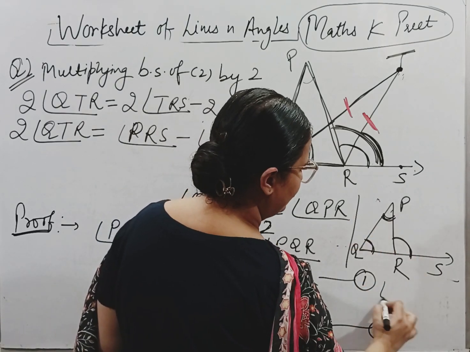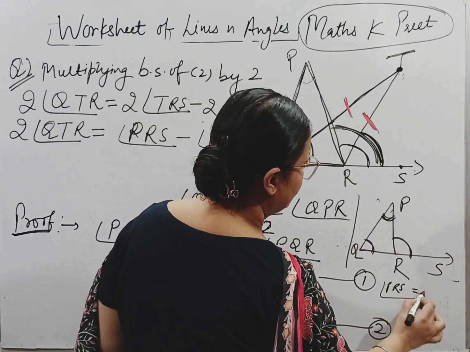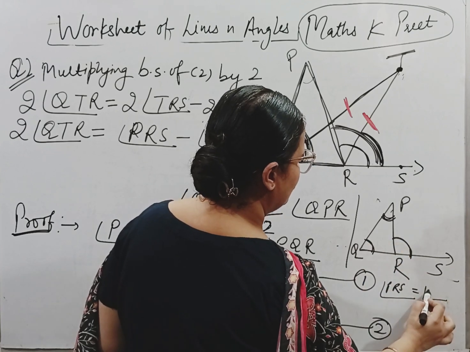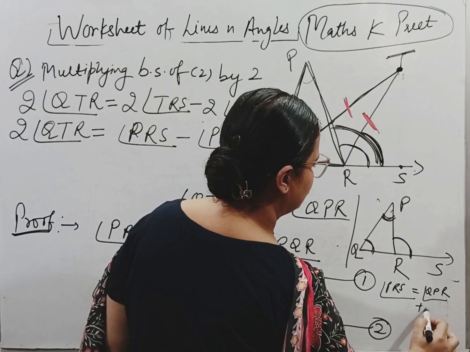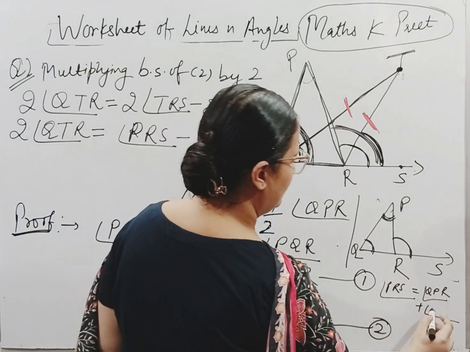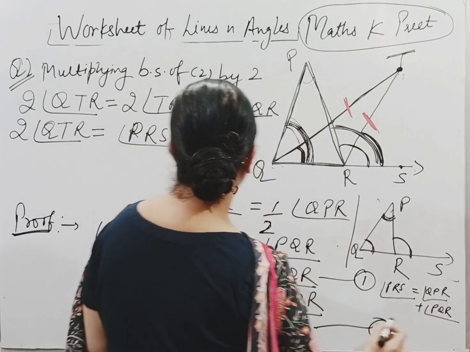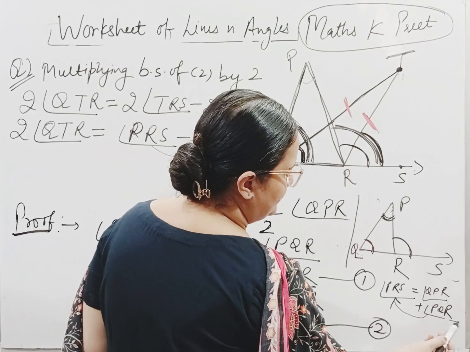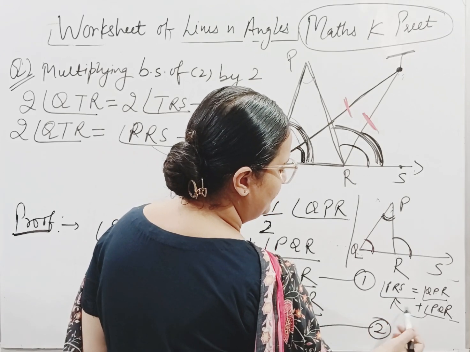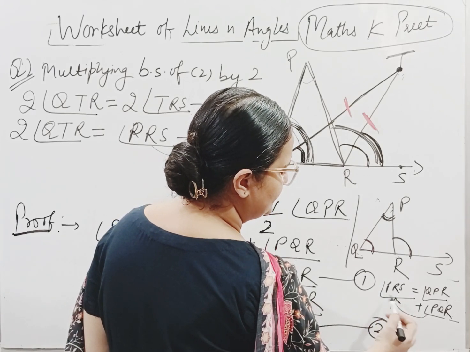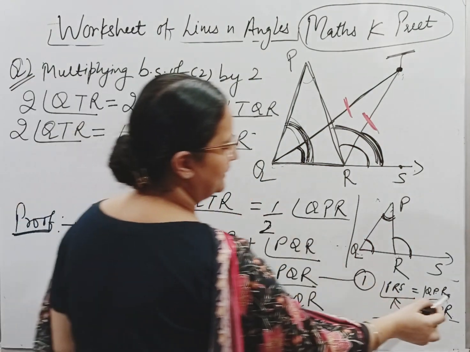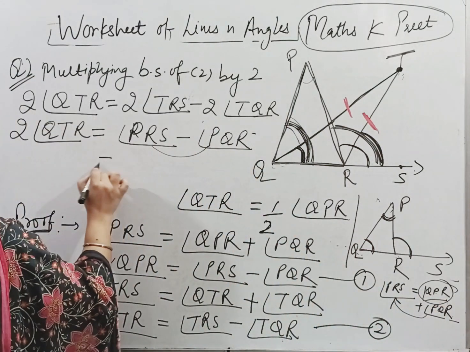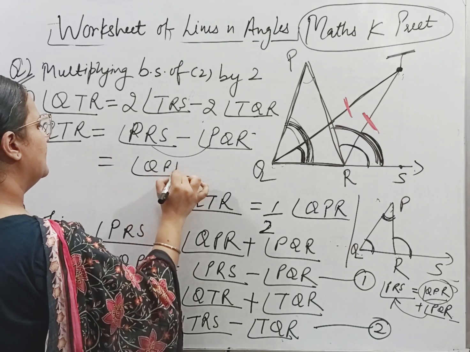Because this is an exterior angle, so PRS can be written as the sum of these two angles, QPR plus angle PQR. So if I take this PQR on the left hand side, it will be of minus. So I will get angle PRS minus PQR. This thing I will get. So this will be equals to what? QPR. So I can write this as QPR.